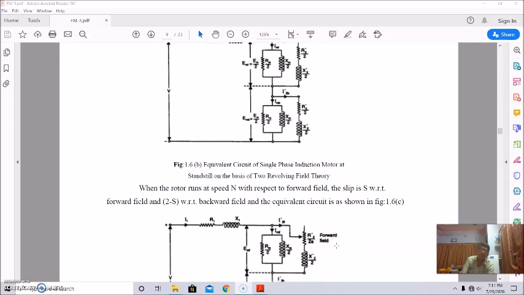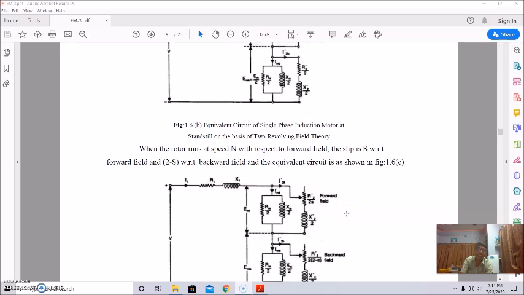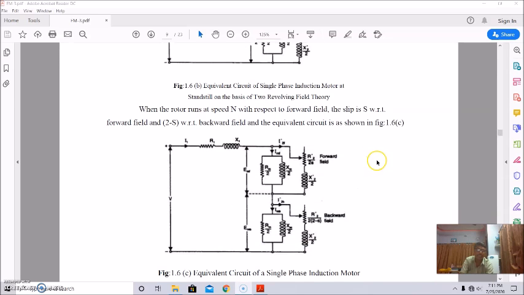Now when the rotor runs at speed N, the slip is S with respect to the forward field, and 2 minus S with respect to the backward field. That we have discussed in the double revolving field theory discussions, and in that case the equivalent circuit will be like this.